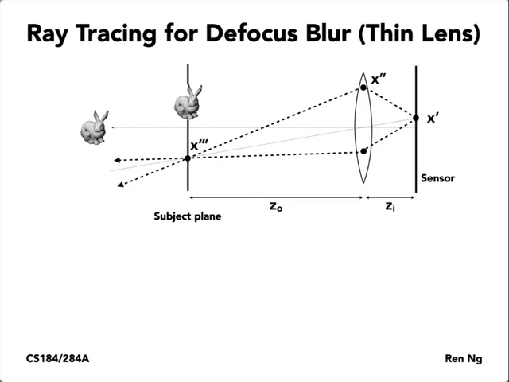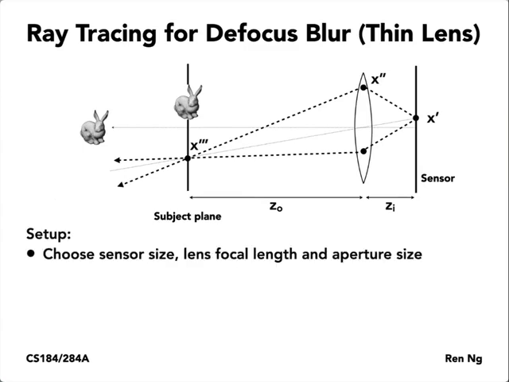Okay, so here's a little cartoon for a scene that we want to render. In this case, the scene is a couple of bunnies in the world. We have a lens and we have a sensor inside the camera. We want to make the picture corresponding to this scene. So the setup before we start tracing rays is we have to do a few things. We have to choose the sensor size.